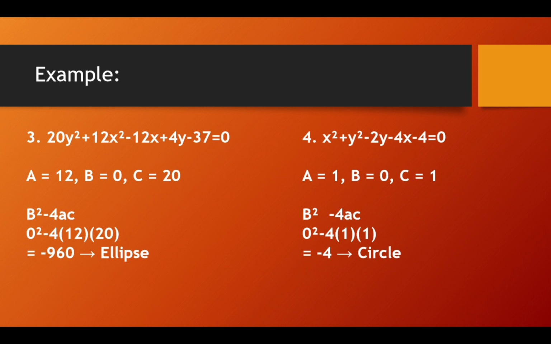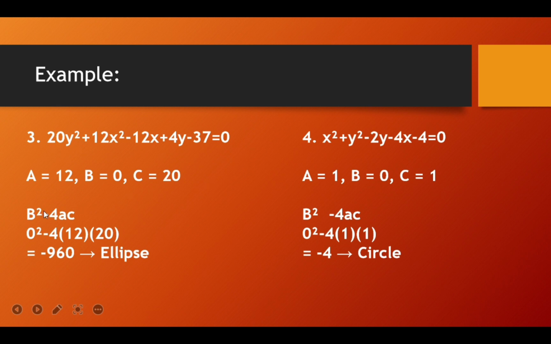And number 3, we have the given equation 20y squared plus 12x squared minus 12x plus 4y minus 37 is equal to 0. So a is 12, b, since we don't have xy, is 0, and c is 20.